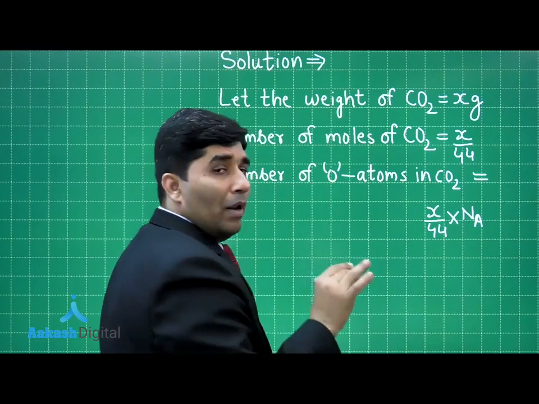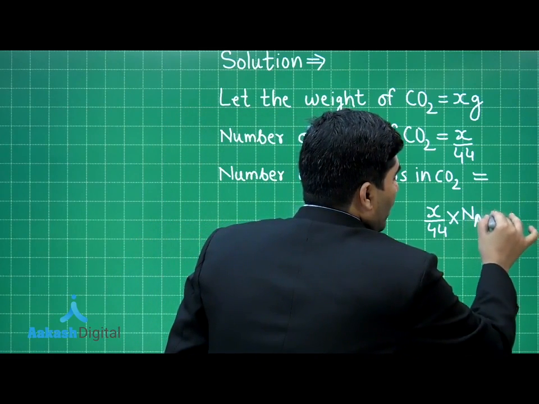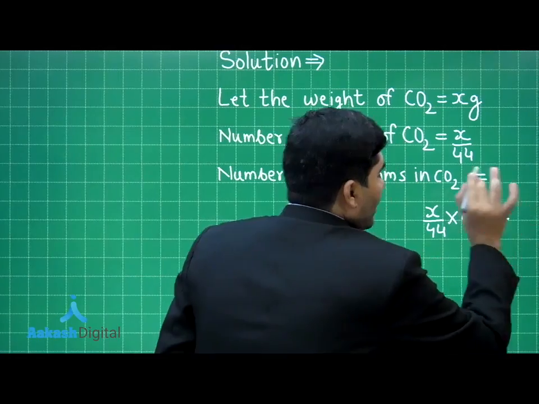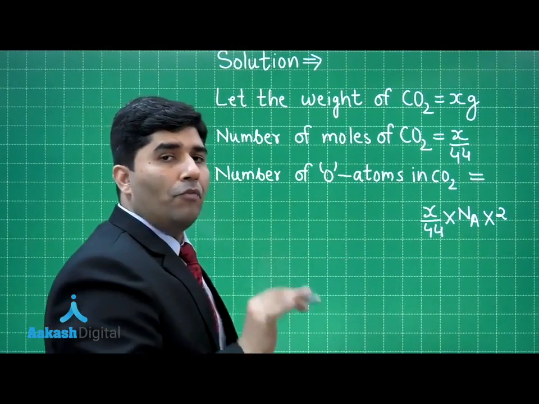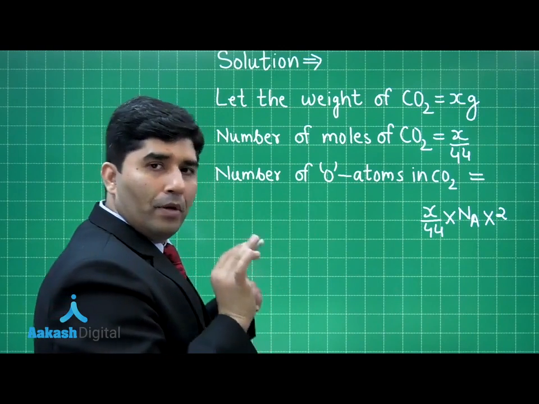This is the number of molecules of CO2, and multiplied by 2 this is the number of atoms of oxygen present in that particular sample of CO2, right?